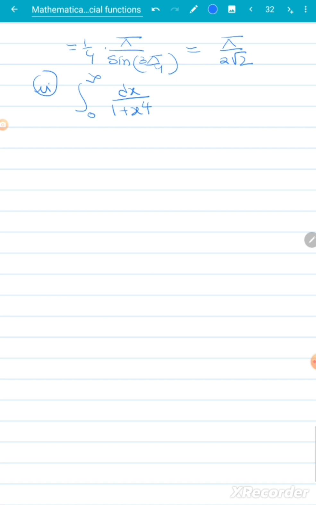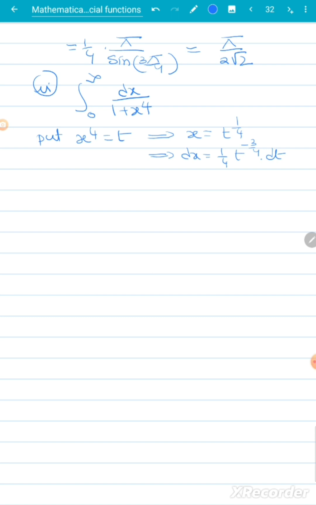Here also put x to the power of 4 equal to t. This implies that x is equal to t to the power of 1/4, and dx is 1/4 of t to the power of 1/4 minus 1, that is minus 3/4, into dt.